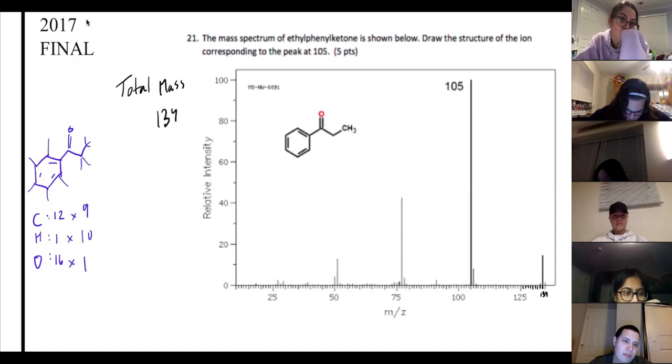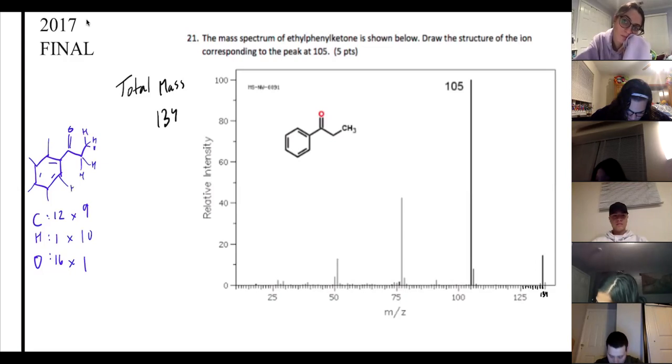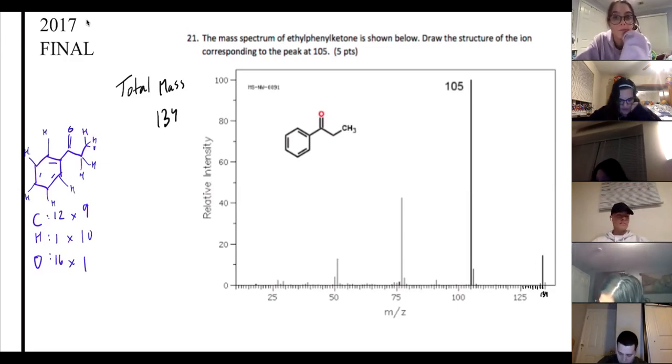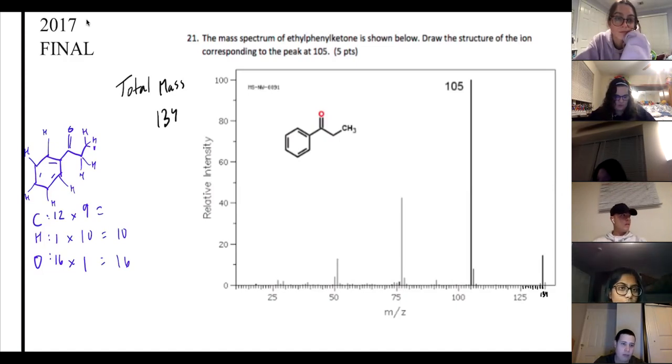And oxygens is 1. So then you do math, 12 times 9? 108. Plus 10, plus 16, 134.